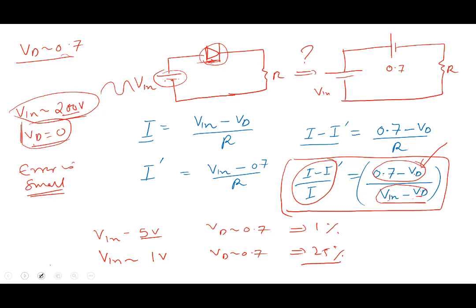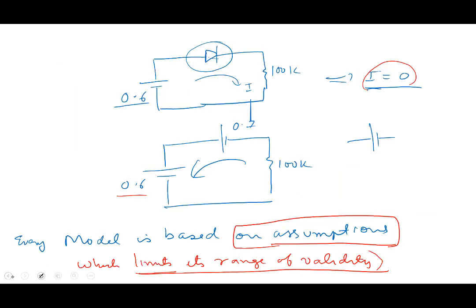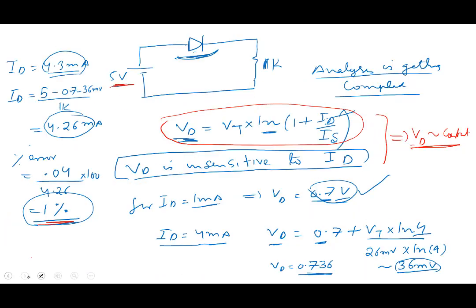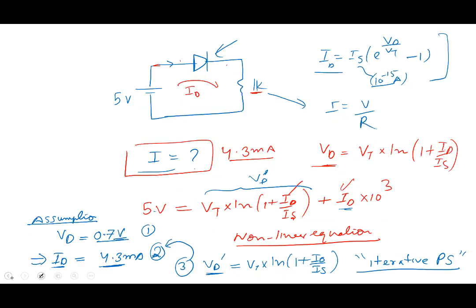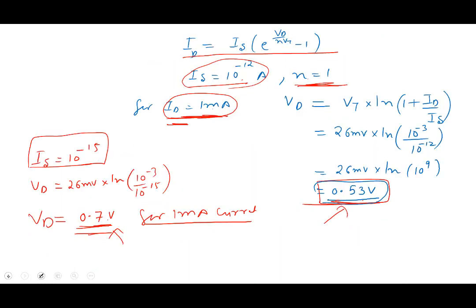Okay, so note that there's nothing sacrosanct about 0.7. We saw this here. If my IS was 10 power minus 12, I would have assumed it to be 0.53. I wouldn't have said, well, wherever the diode is, assume it to be 0.7.